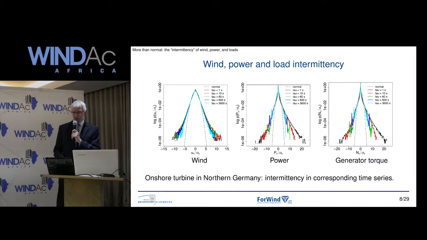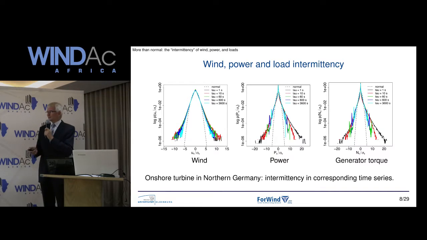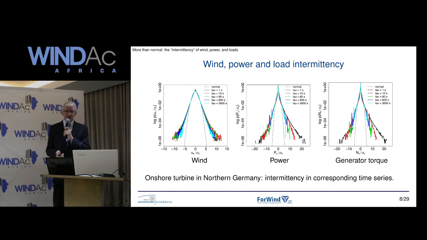And I give an example for this. These plots are based on time series from a turbine somewhere in northern Germany. The most left picture, this is what we would expect. This curve here is the normal distribution, but it looks a little bit strange. This is because the y-axis is logarithmic.